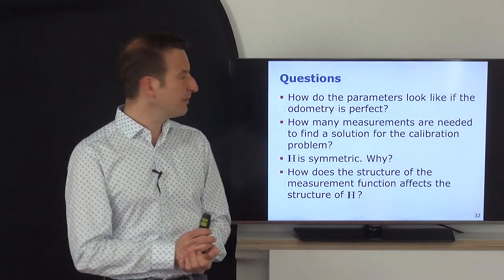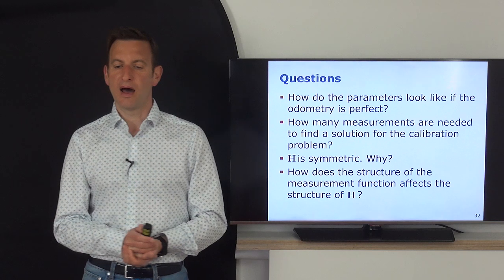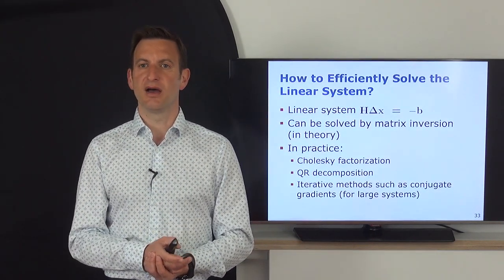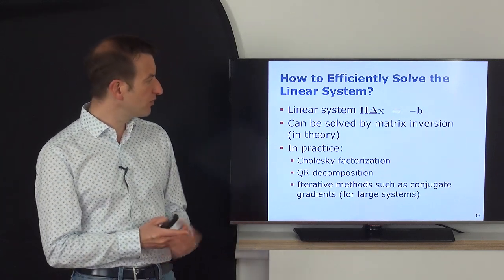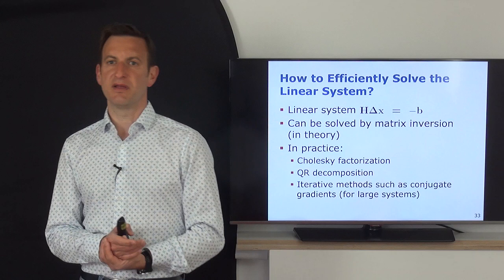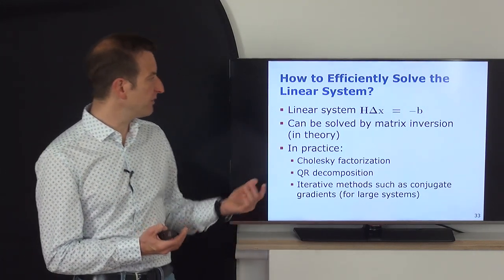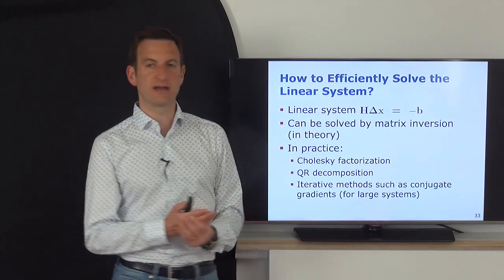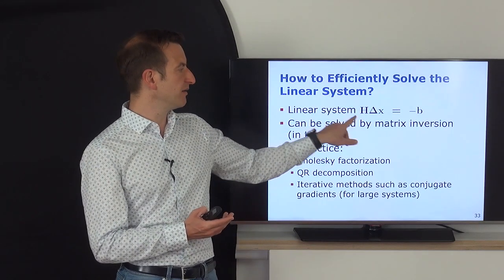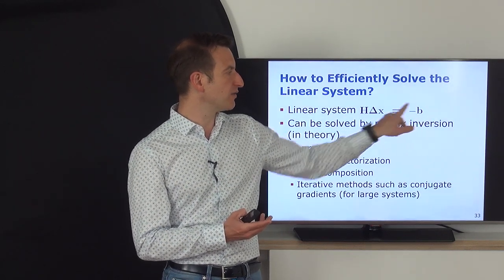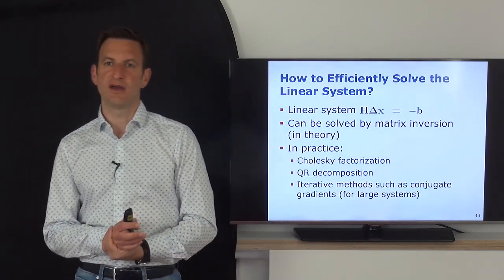I want to spend a few words now on how to efficiently solve a system of linear equations. So what we want to do is solve Hx equals minus b. And in theory, we can solve this, as I said before, by computing the inverse of H and multiplying it from the left-hand side, so then this will go away, and we have H inverse multiplied from the left-hand side to this equation.